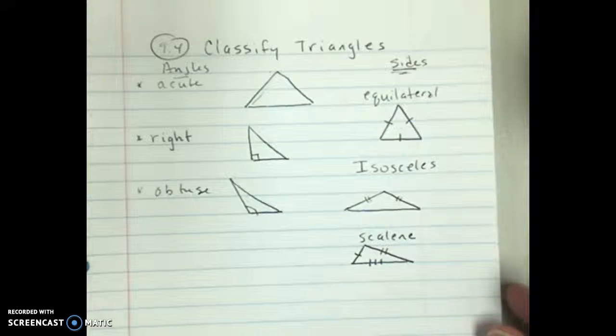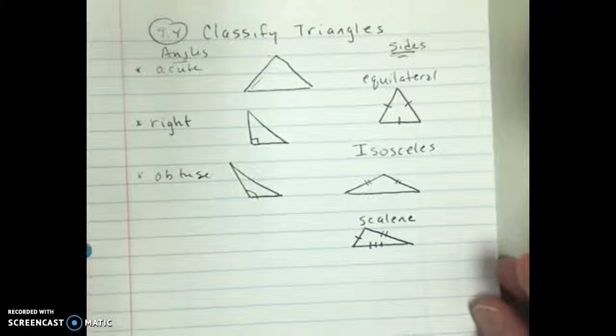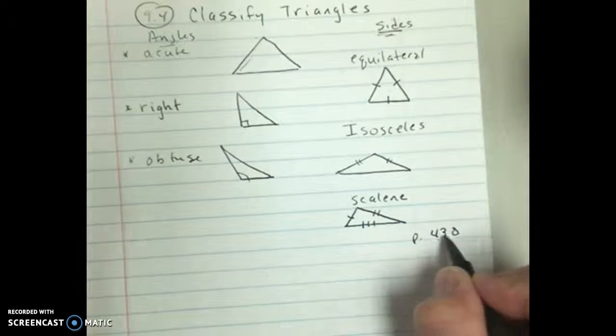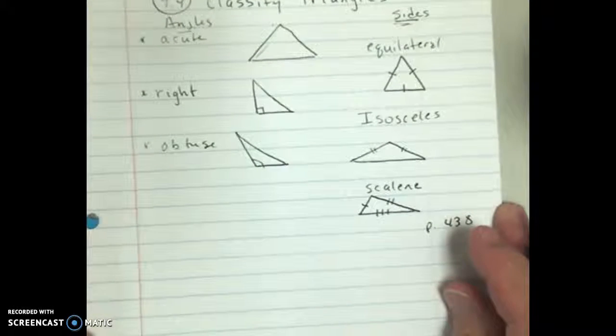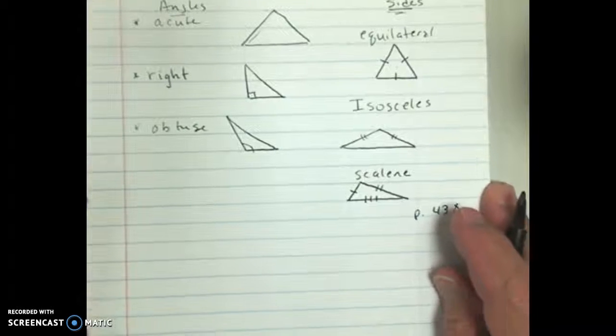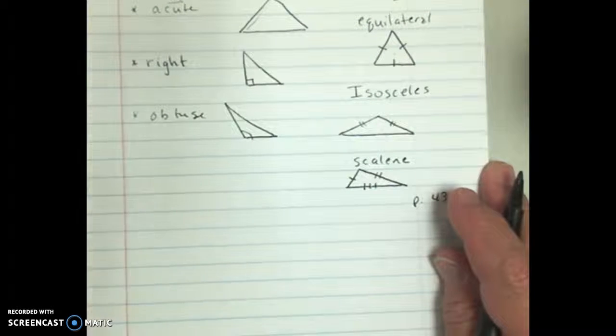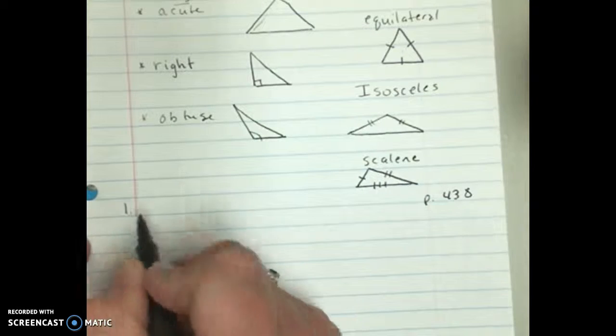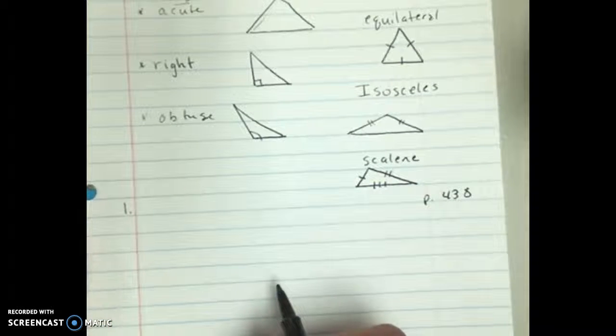Now we're going to start our assignment today on page 438. And we're going to be classifying triangles, giving them names, and also identifying different measurements of the angles. So let's start with number one. We're going to be matching the triangle with its description, and we're going to use each description one time.